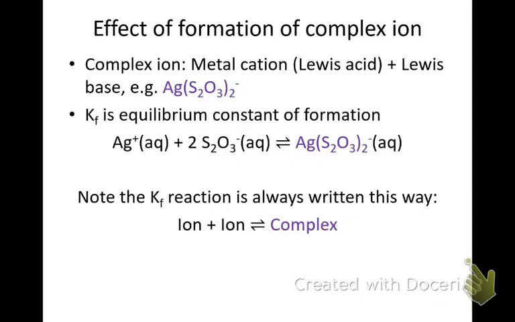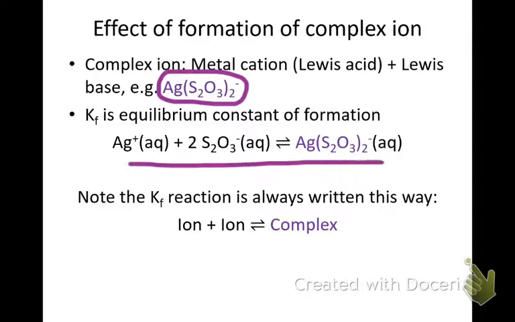Now this complex ion means that this whole thing stays together as an ion in solution. It doesn't dissociate. So it's like a polyatomic ion, but it's got this combination of an anion and cation as well. We define the formation of a complex ion as the reaction of the Lewis acid and the Lewis base, shown in this chemical reaction here.